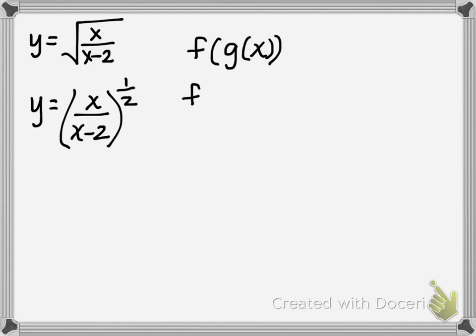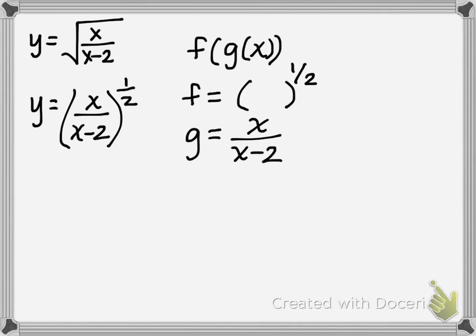So we'll begin by identifying the outer piece, which I call f, and the inner piece, which I'll call g. So our outer function is something raised to the 1/2 power, and then our inner function is x divided by x minus 2.